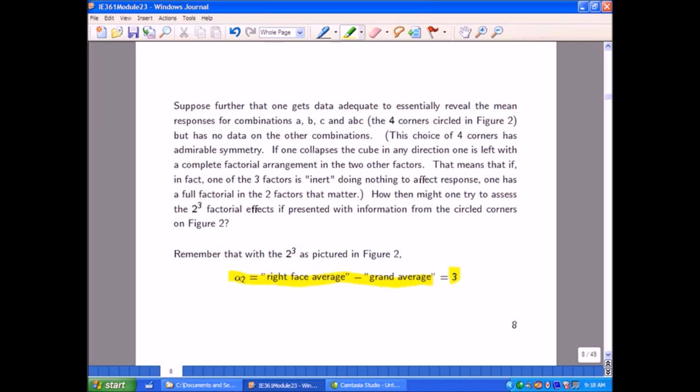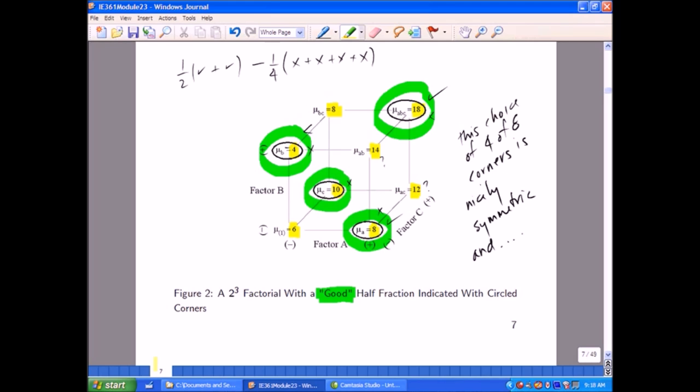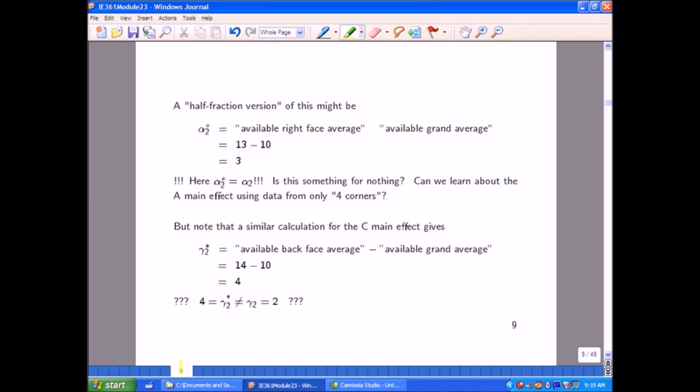Now what happens if I take this computation? Well, as if by magic, if I take the 2 corners that I do have on the right face and average their responses, and subtract the average of the 4 corners that I do have, what I wind up with is 13 minus 10. I wind up with 3.